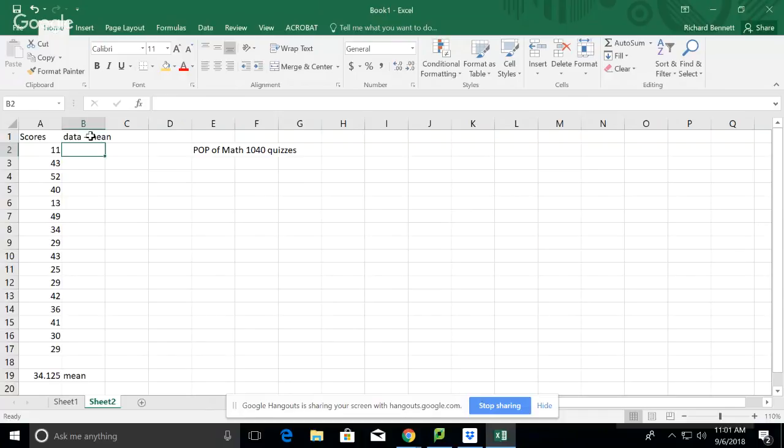So do you remember how to do that? Yeah. What do you always start a formula off with? Equals. And you click on the one you want. Okay, the first one. Minus. Subtract it from your mean at the bottom. Is there anything else I need to do? F4.